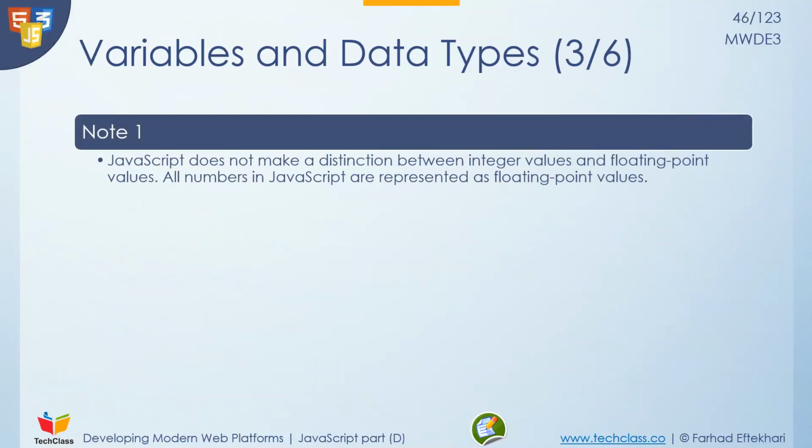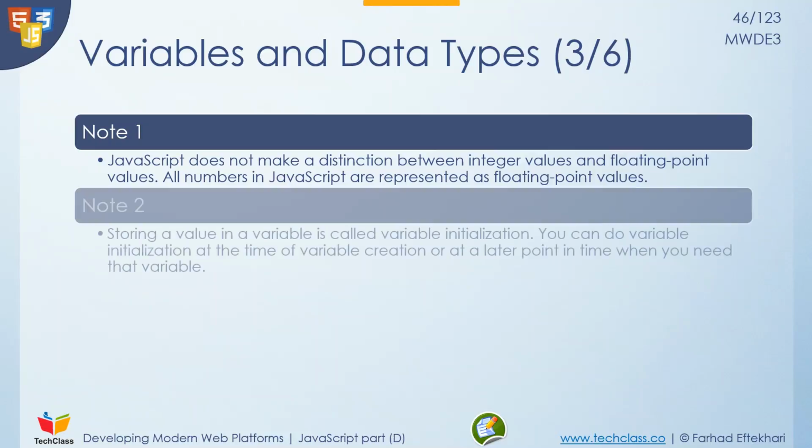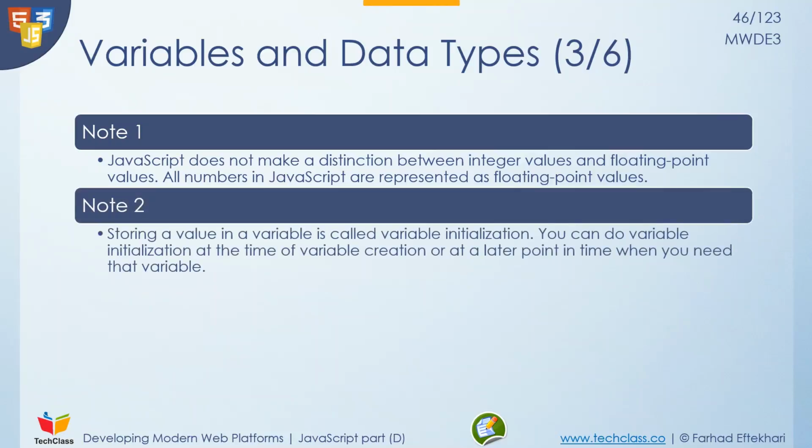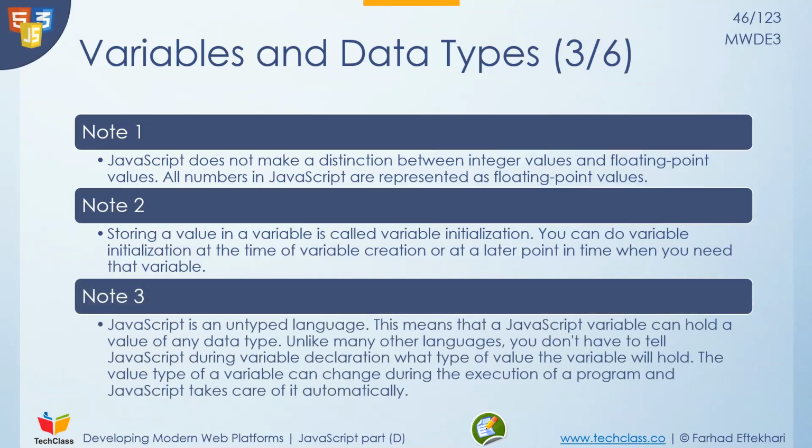Alright, here are some notes that you can consider also when it comes to assigning values to the variables. First of all, JavaScript does not make a distinction between integer values and floating point values. All numbers in JavaScript are represented as floating point values. And then storing a value in a variable is called variable initialization. You can do variable initialization at the time of variable creation or at a later point in time when you need that variable. And then JavaScript is an untyped language.